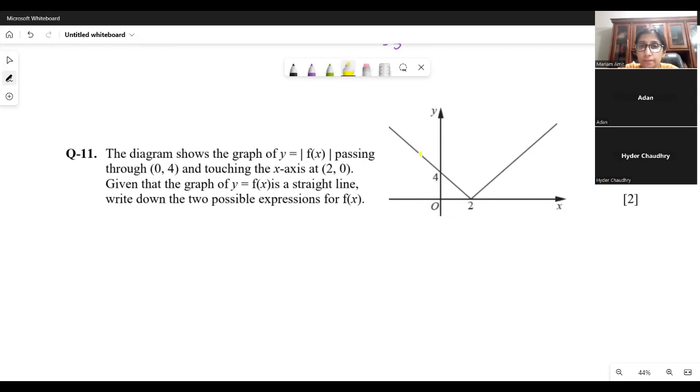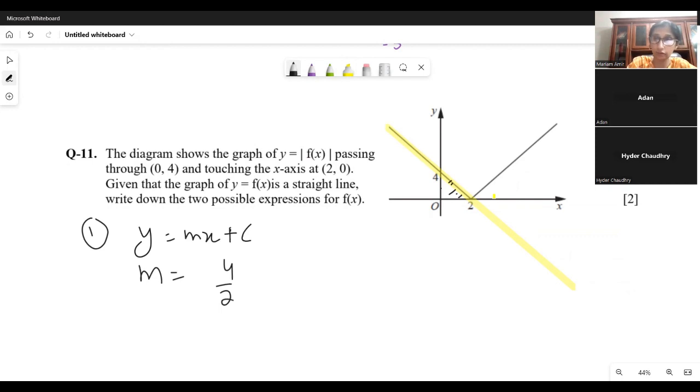So one is this case, where there is a line going like this, and when we take its modulus it will reflect and become like this. Okay, that's one case. So let's do this one first. For this line we can take the slope; we need its equation in the form y equals mx plus c. So for m, let's take rise over run over here. 4 is the rise and 2 is the run. However, it's a falling line, so you must remember the rising line looks like this, the falling line looks like this.